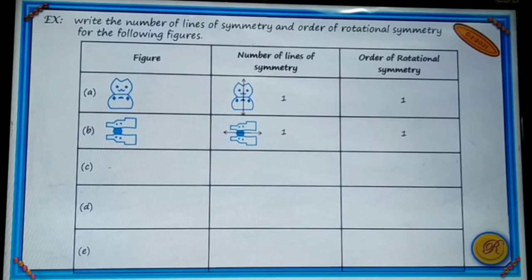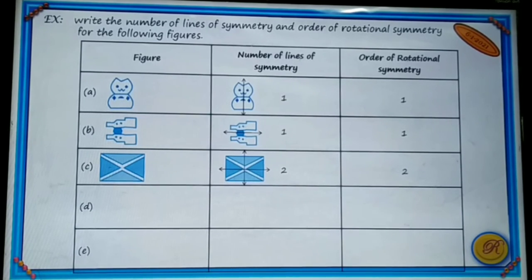For figure C, number of lines of symmetry 2. Order of rotational symmetry 2. For figure D, number of lines of symmetry 1.